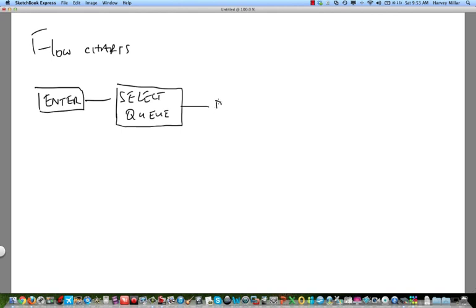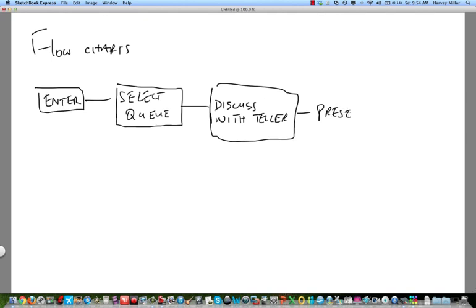Then you discuss with teller or agent, customer service rep. You get presented with options. Let's just say review options. Let's cross that out.